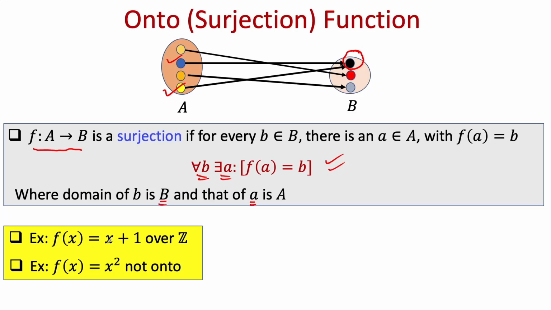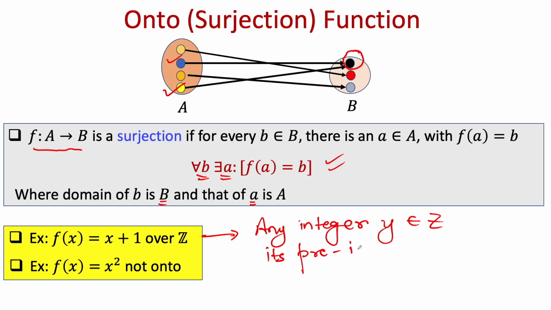So what you can prove is, you take any integer y belonging to the set of integers, its pre-image will be y minus 1. That means the element y minus 1 would have been mapped to the element y. And this is true for any y from the codomain set. So that's why the first function is a surjective or onto function.